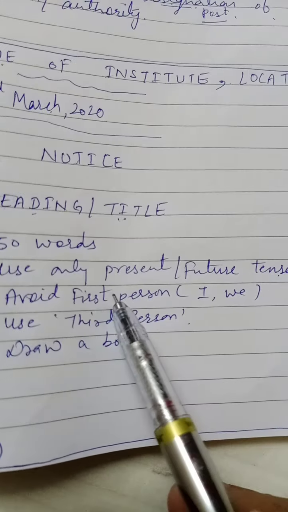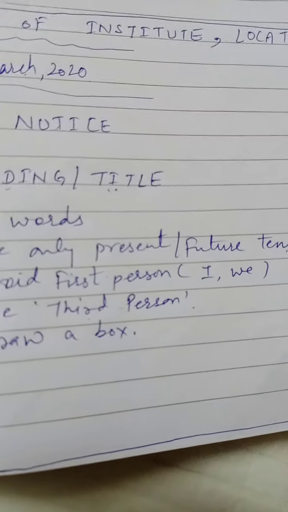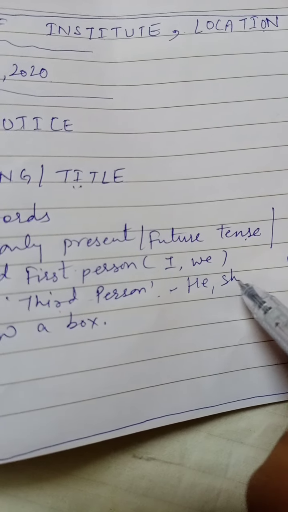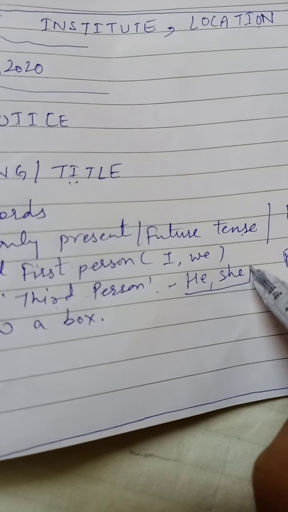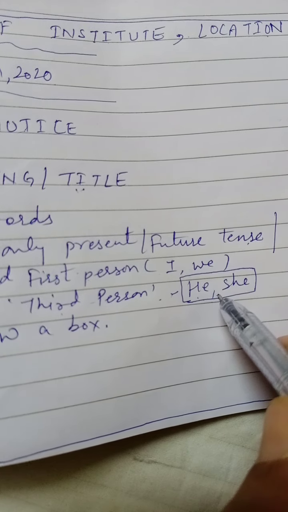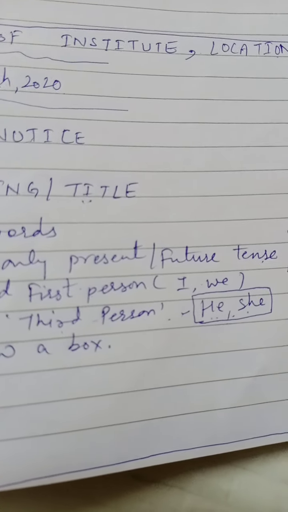Then avoid first person like I, we. Use third person like he, she. You should use he or she rather than I and we.